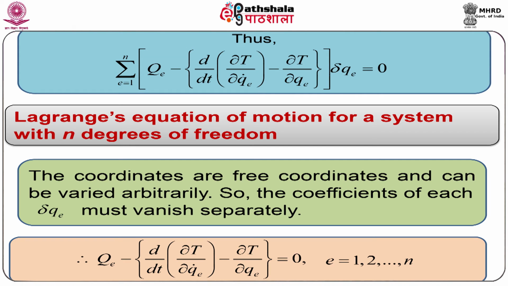As the dynamical system has n degrees of freedom, the coordinates are free coordinates and can be varied arbitrarily. Therefore, the coefficients of each term must vanish separately.